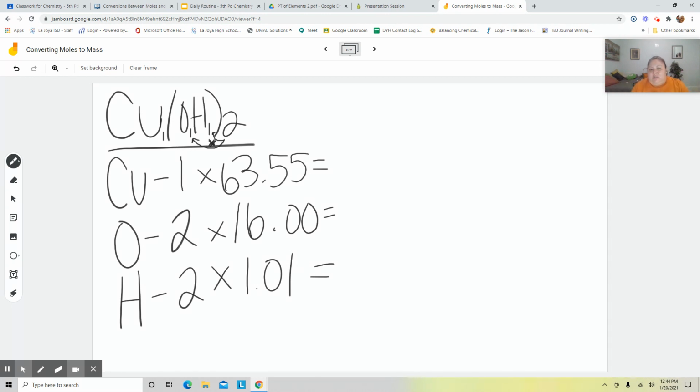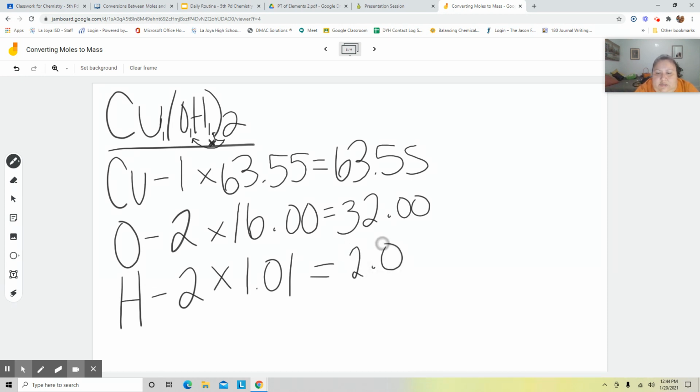All right, we got some easy math, right? Multiply, and after you multiply and get all the answers, add them up. The first one, 1 times 63.55, that's easy. 2 times 16, another easy calculation. Well, at least I always know this one. 32. And you can prove it with a calculator. 2 times 1.01, that's easy math. 2.02.